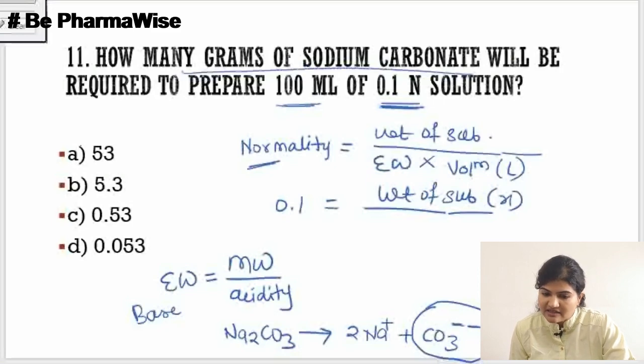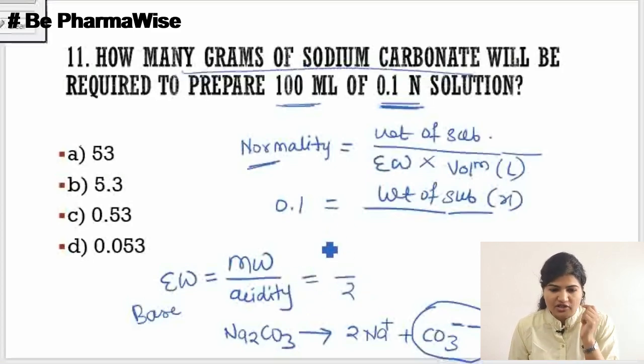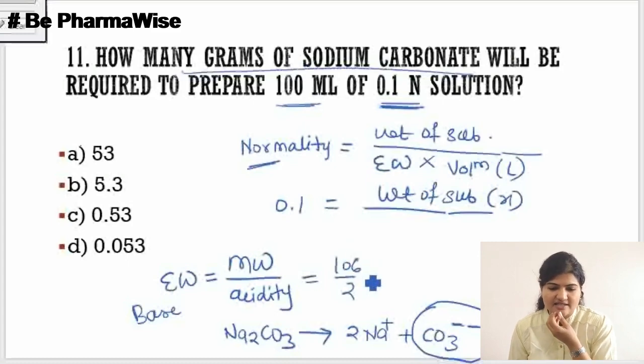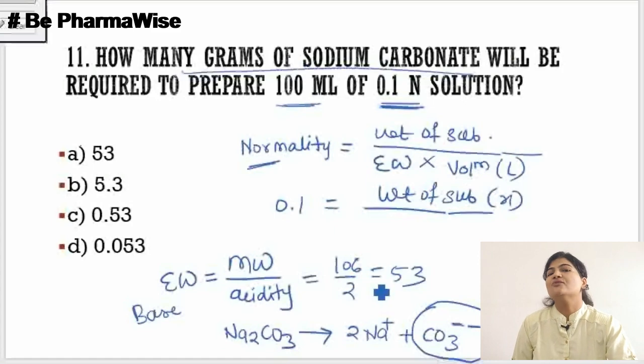So its acidity is 2. The molecular weight of sodium carbonate is 106, I guess. Yes, 106. So the molecular weight is 106 and acidity is 2, so its equivalent weight comes to 53.